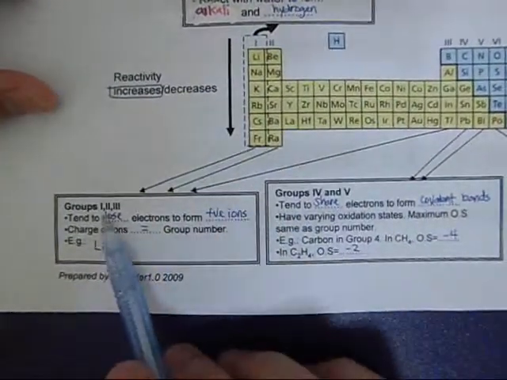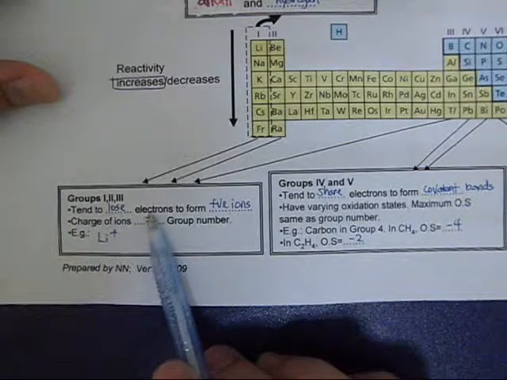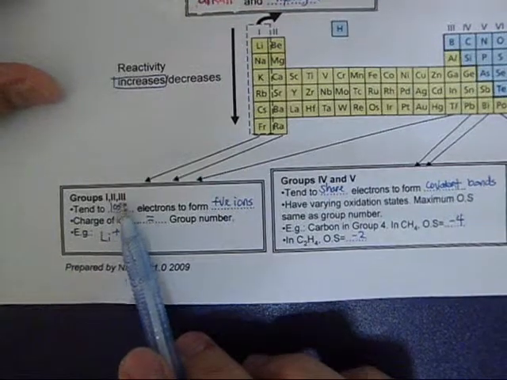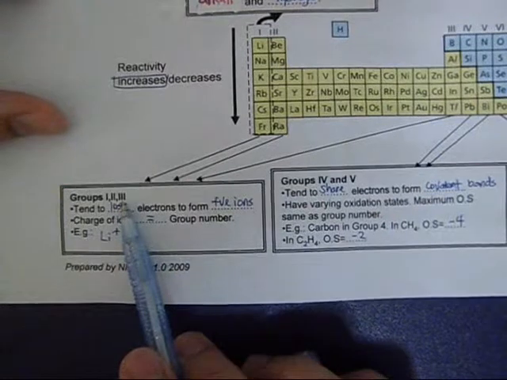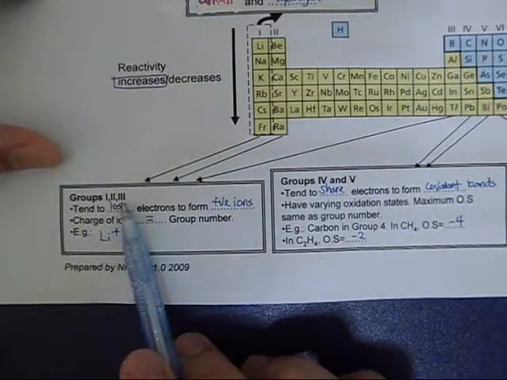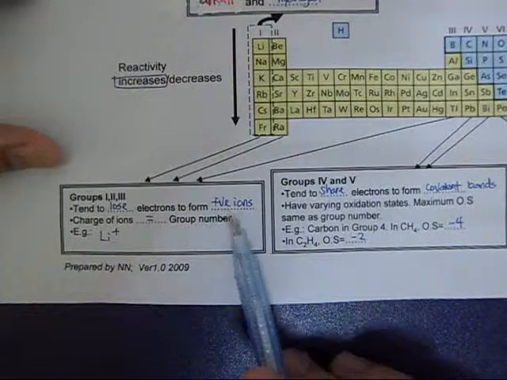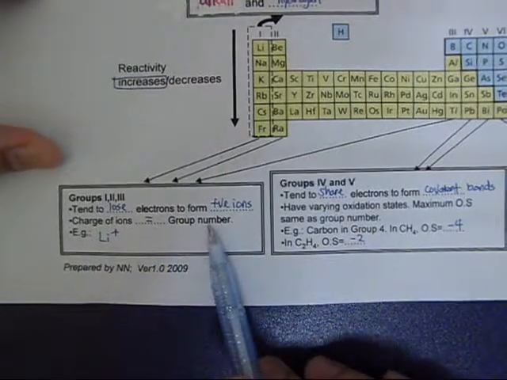Okay, so in general, group 1, 2, and 3 elements tend to lose electrons because they have 1, 2, and 3 valence electrons respectively. So they tend to lose the electrons to form positive ions, and the charge of the ion is the same as the group number.